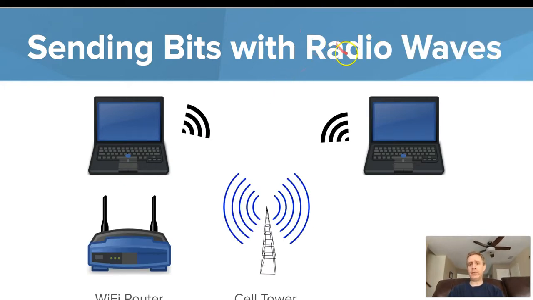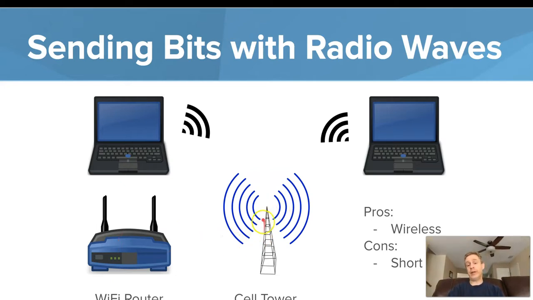The last way we send zeros and ones is via radio waves. The nice thing about radio waves is that they are wireless. That's a very, very nice thing. Examples of information being sent wirelessly: your router at home is sending information using radio waves.